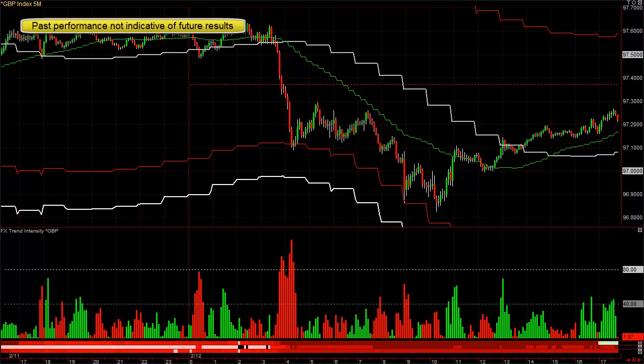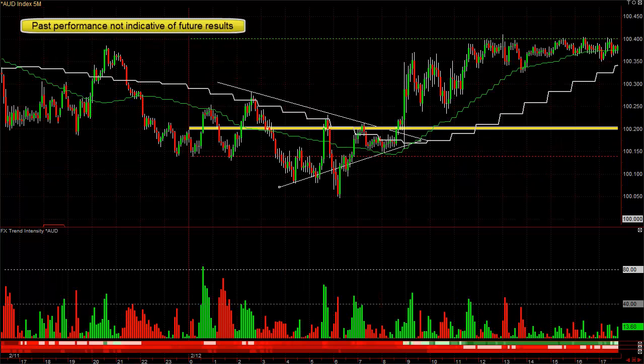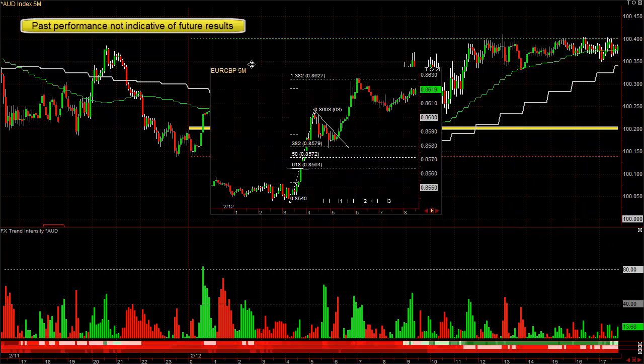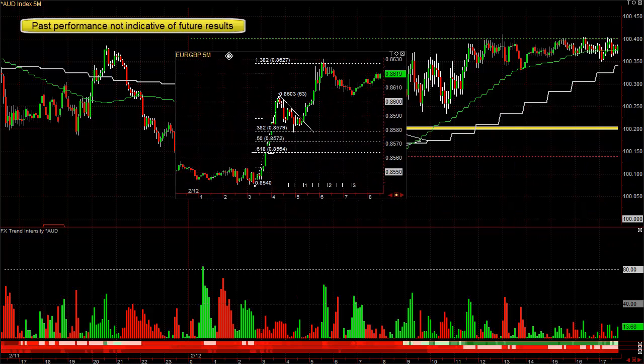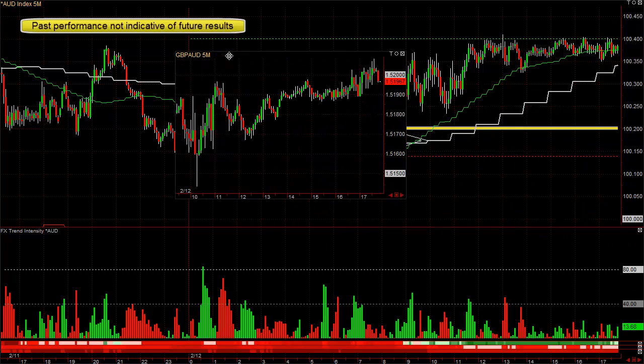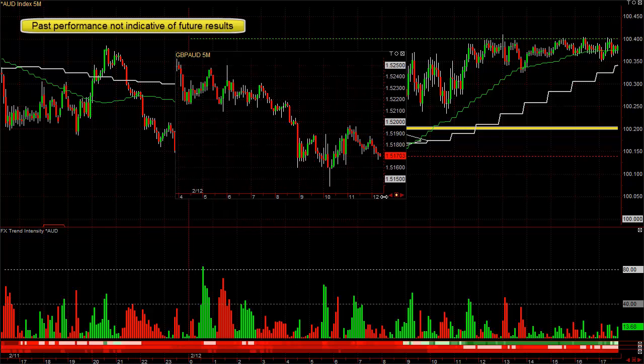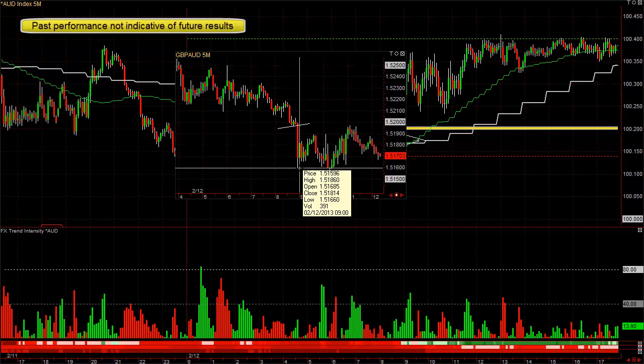So when the Australian broke out at 9 o'clock, you could have sold the pound Australian at 9 o'clock, and you can see it probably fell from around 52.00 down to 60. It fell about 40 pips during that move.